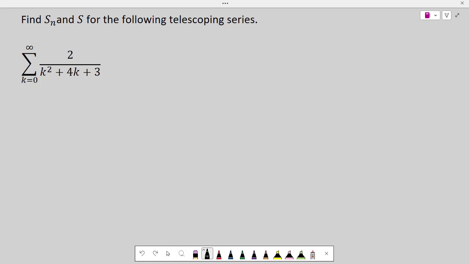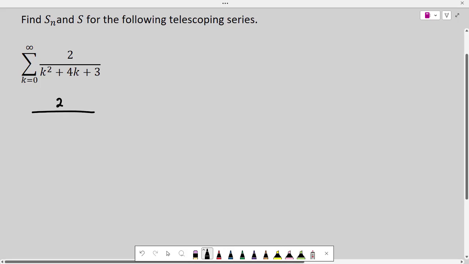So we have to first take this and rewrite the summand. And when we rewrite the summand here, we're going to factor the denominator into k plus 3 and k plus 1. So there is our factored summand. And we use PFD. We're going to break it apart into a over k plus 3 plus b over k plus 1.